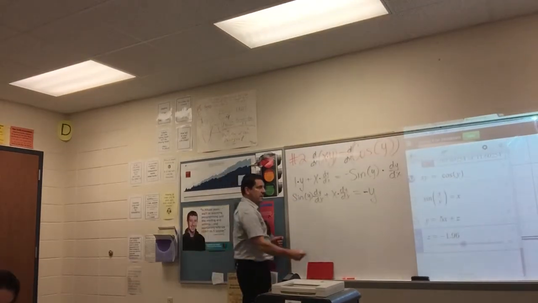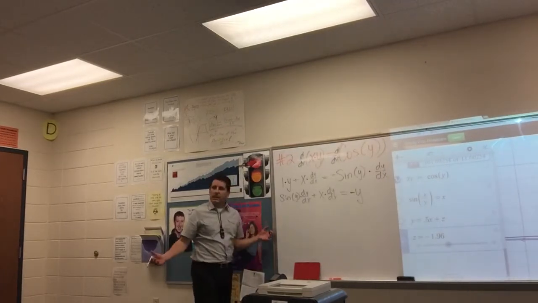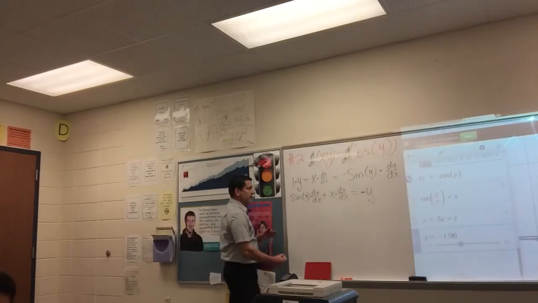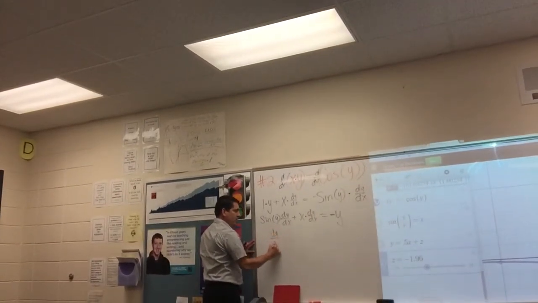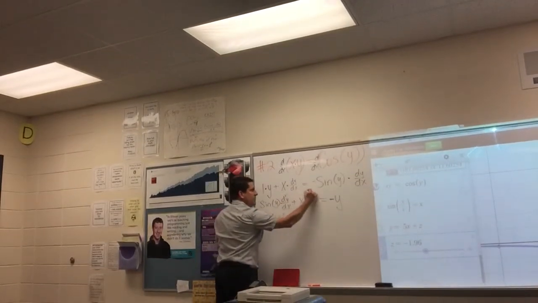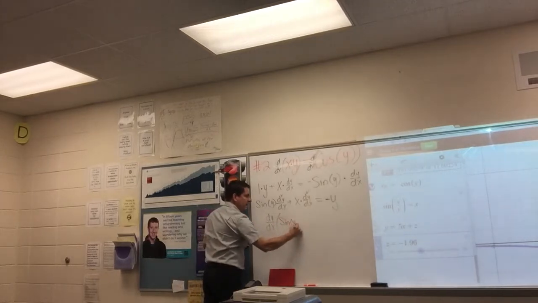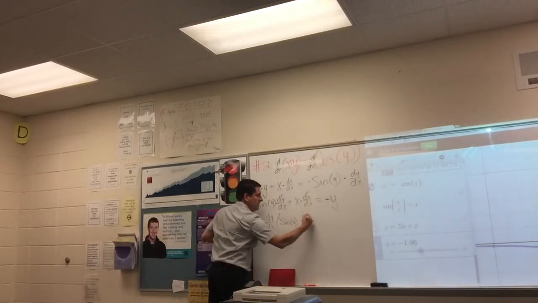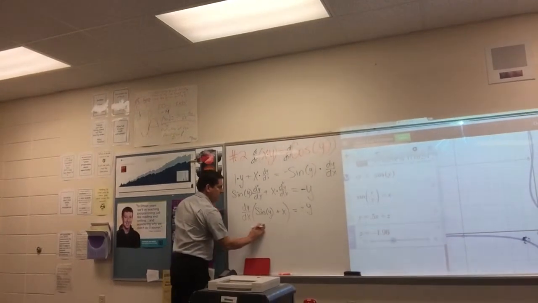Okay, now I did that because I'm going to use our algebra technique of factoring out the common term, which is the dy/dx. So I'm going to pull out a dy/dx out of both. So what am I left with? I'm left with the sine of y plus an x is equal to negative y.